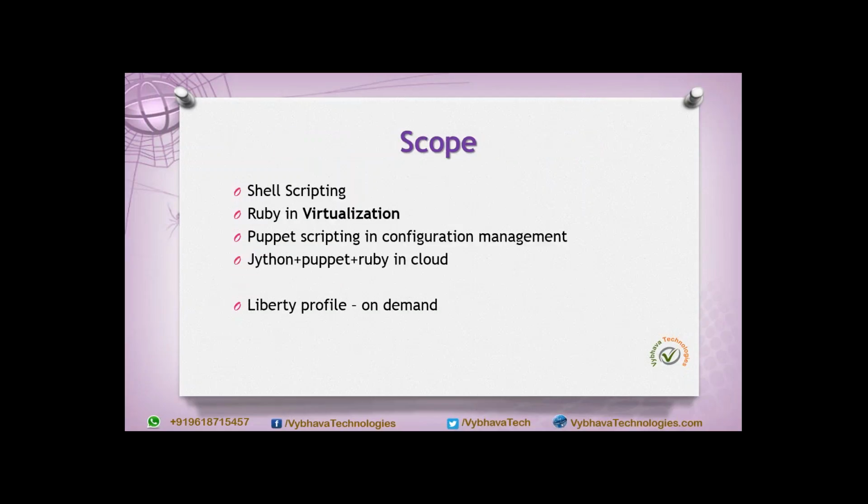So that is the scope. Where we can apply these automations, Jython, and how we can grow in our career. If you combine it with shell scripting basics and virtualization concepts, you will grow in information technology and DevOps. If you are looking at the configuration management side, that is commonly required by most of the DevOps teams.